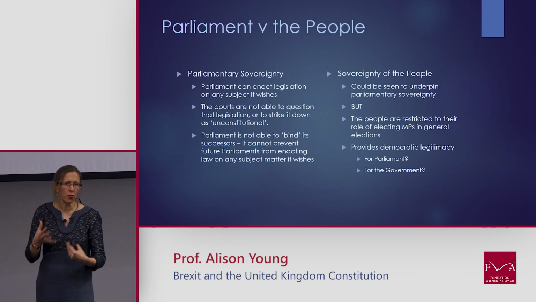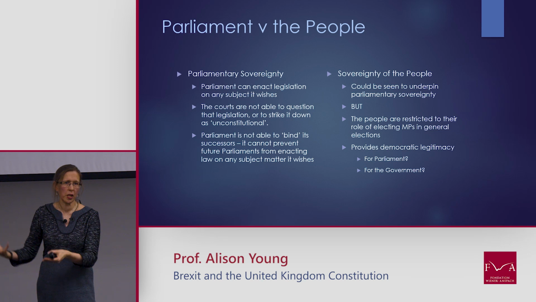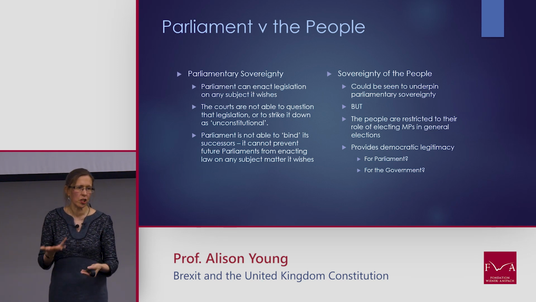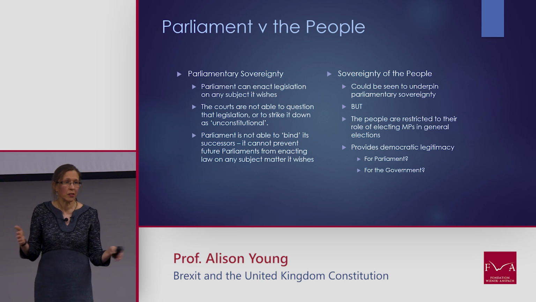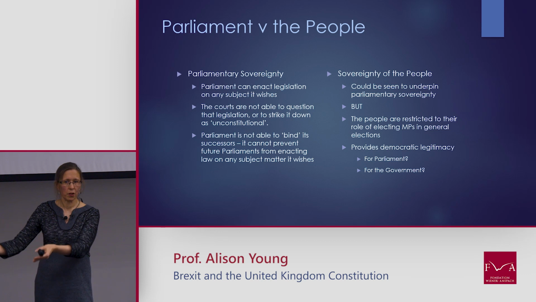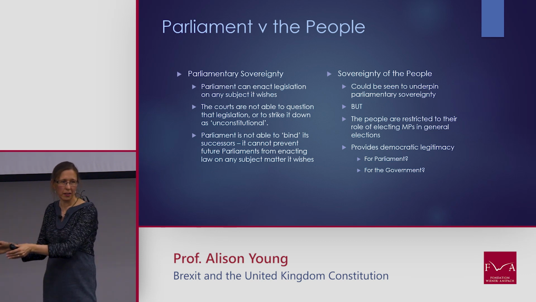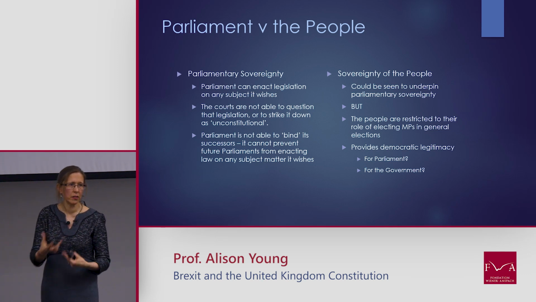But we haven't really thought through fully how we see the sovereignty of Parliament and the sovereignty of the people. We understand it traditionally that the people come along, vote every 5 years for their general election, they elect the Parliament, and the Parliament has the power for 5 years and then gets voted in by people again at the end of the parliamentary term. And that's how we see it.